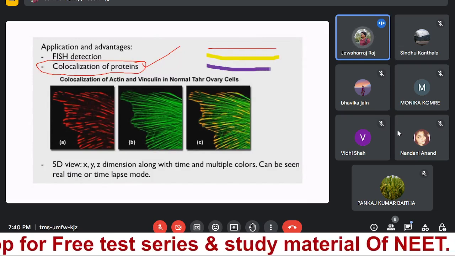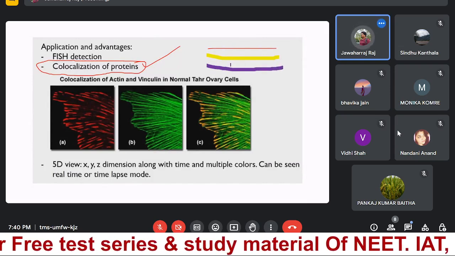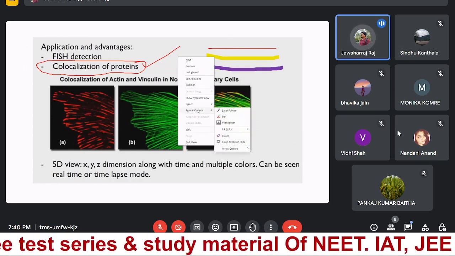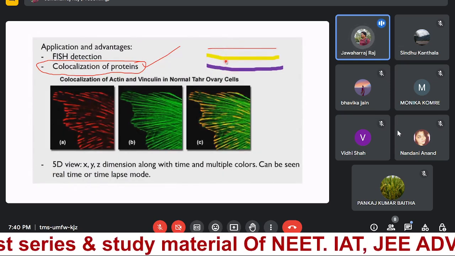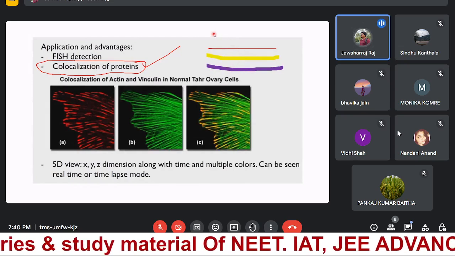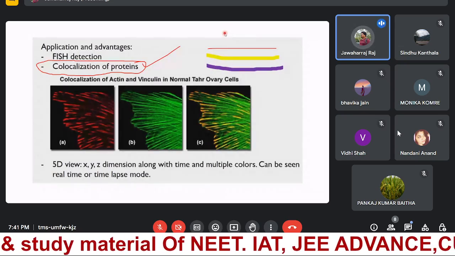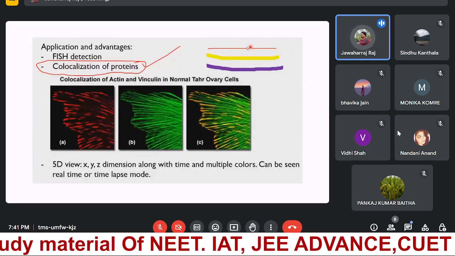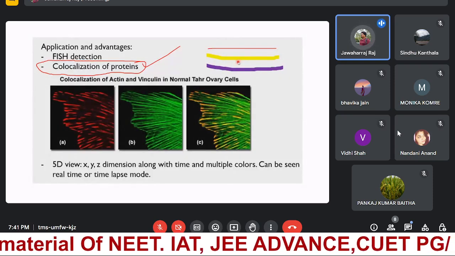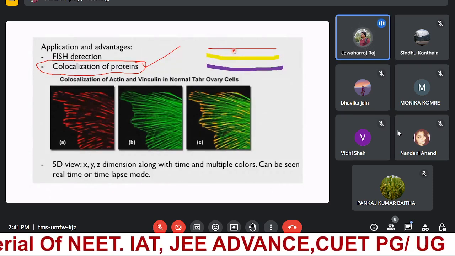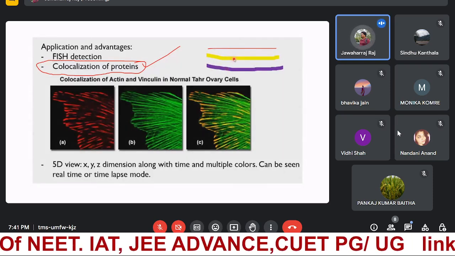See what is happening here in the same plane. In the same plane, how many colors are there? There are three colors: a red color, yellow color, and purple color. But if you look from above, you can see only the red color. By using confocal microscopy, you can see the co-localization of proteins.